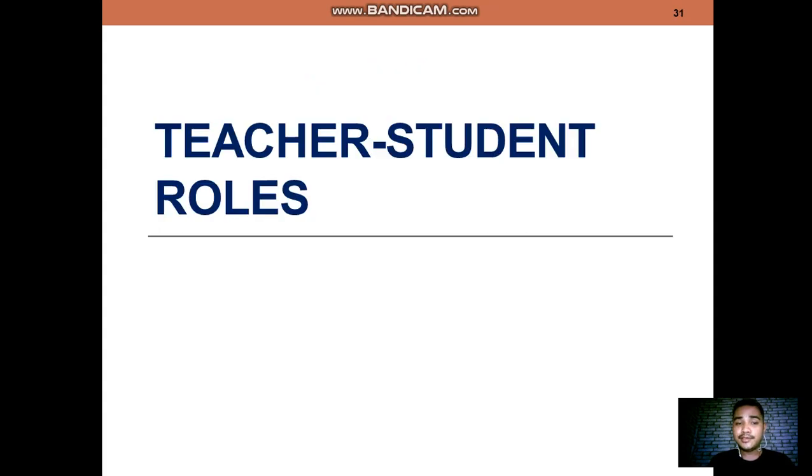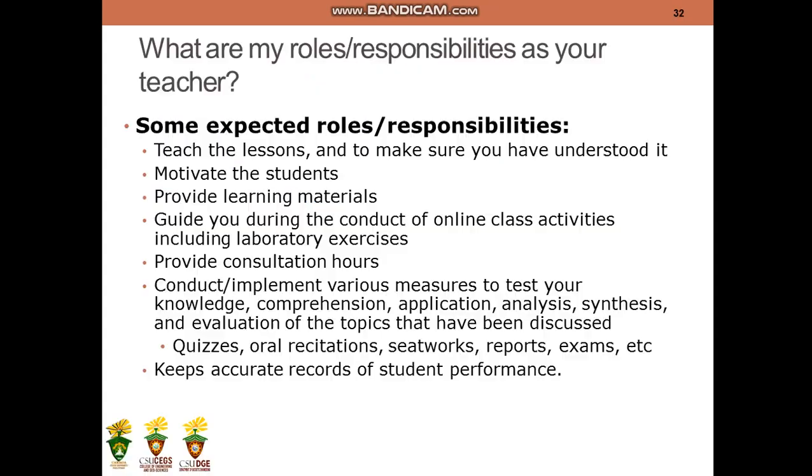And I'm going to remind you of the teacher-student rules. These are my expected roles and responsibilities. First is to teach you the lessons and make sure that you have understood, motivate the students, provide learning materials such as this one, guide you during the conduct of online class activities including laboratory exercises, and provide consultation hours, which will be flashed on the last slide of this material.